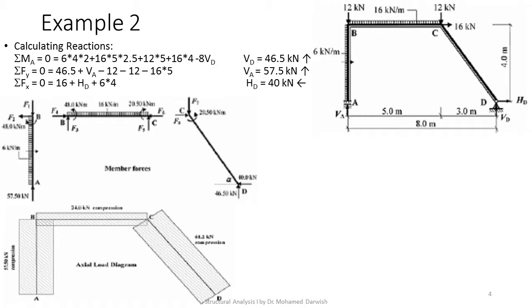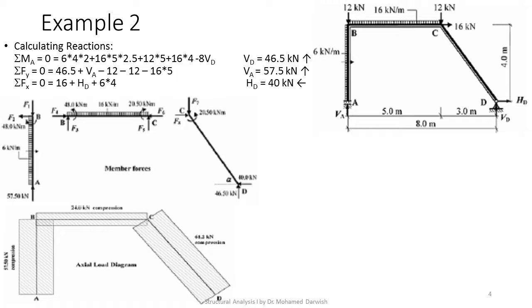You will simply see this force, the 6 times 4, which is 24 kilonewton. So if you take a cut between B and C anywhere and look at the axial direction, you will see 6 times 4, which is 24. So again, this is negative 24 kilonewton or 24 kilonewton in compression.